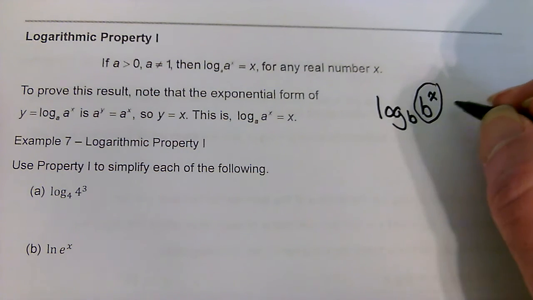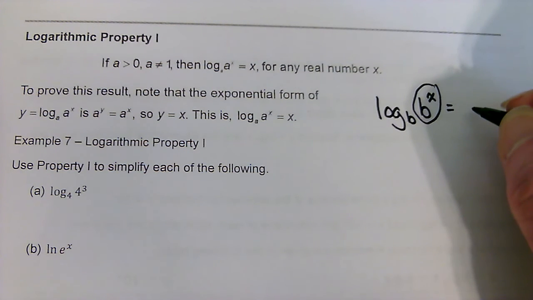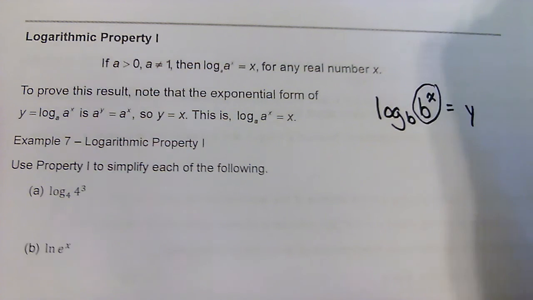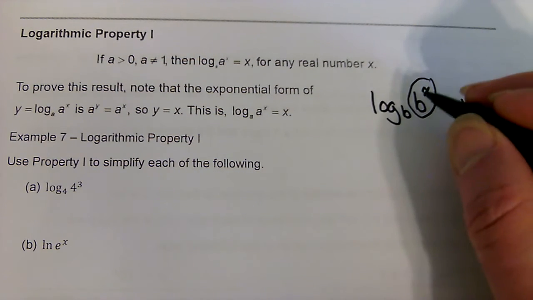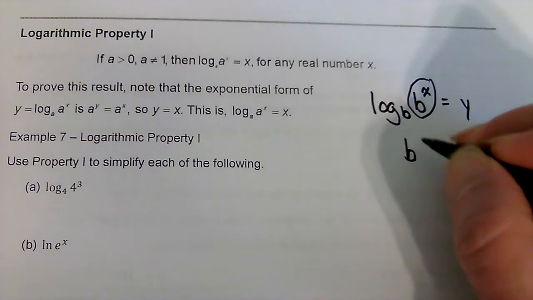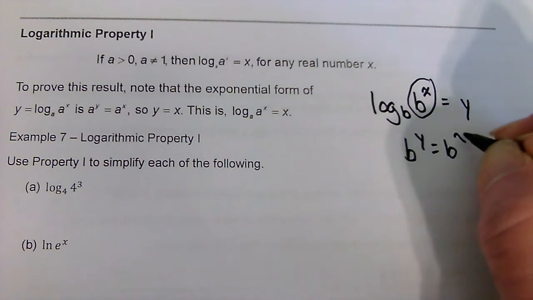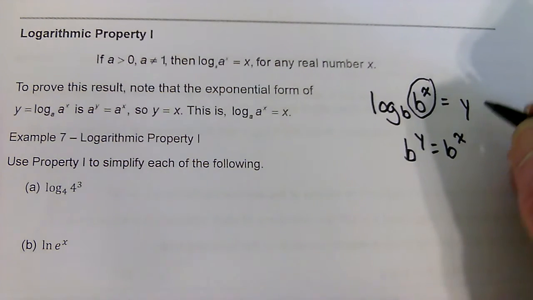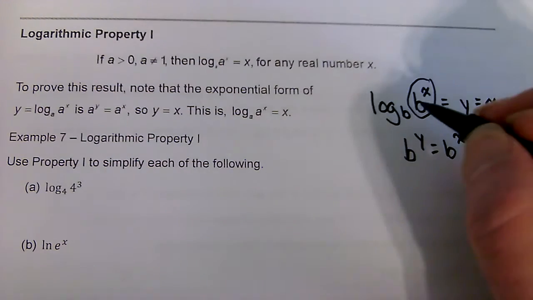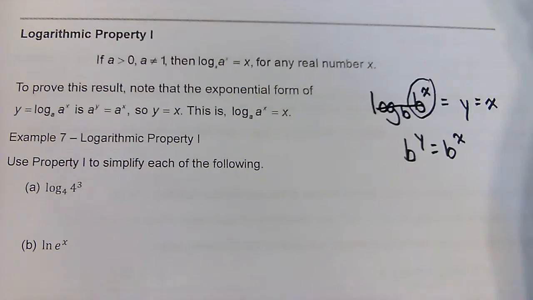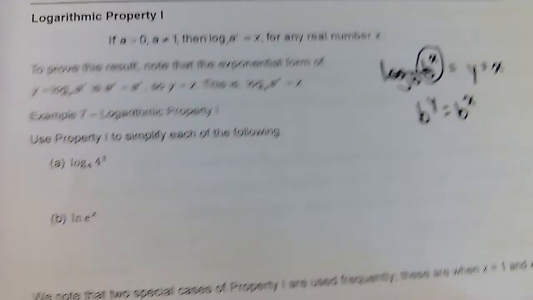It equals an exponent. So I'm going to call this y. This base to this exponent equals the argument. So b to the y equals b to the x. In other words, this is x. It's almost like this part kind of cancels out, for lack of a better word.